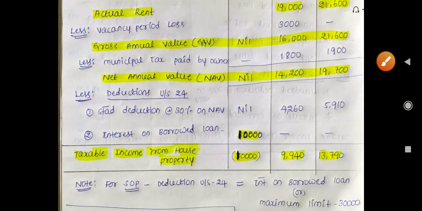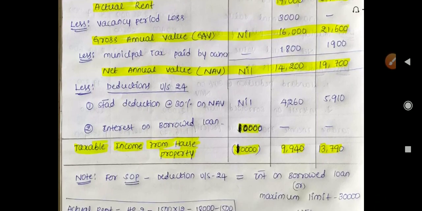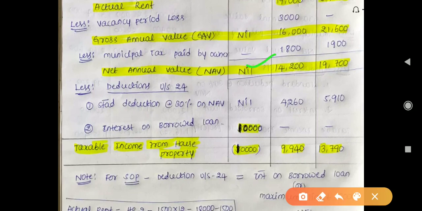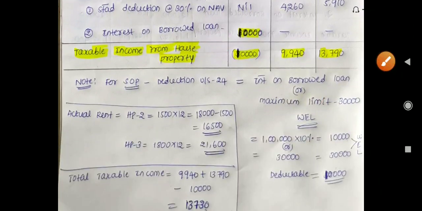First, standard deduction at the rate of 30% on NAV, net annual value. For house property 1, as I explained, NAV is taken as nil, but interest on borrowed loan is provided. So interest on loan is 10,000. How does this 10,000 come? Here are the calculations.